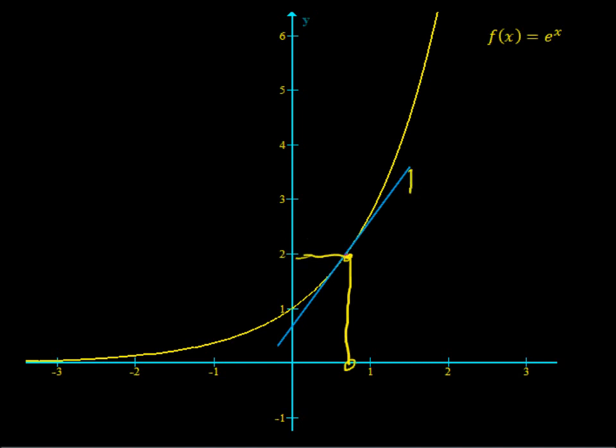The slope of this blue line there will be the value that you can read off right at the point over on the y-axis. No matter where I choose it, no matter where I put the tangent, the slope of the tangent could be read off right on that.